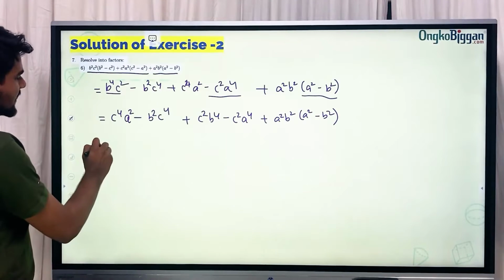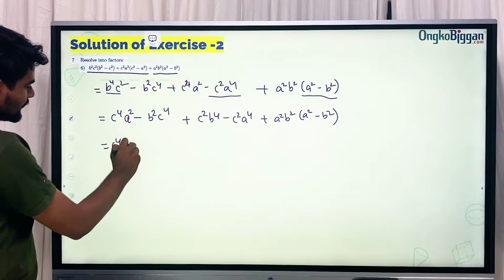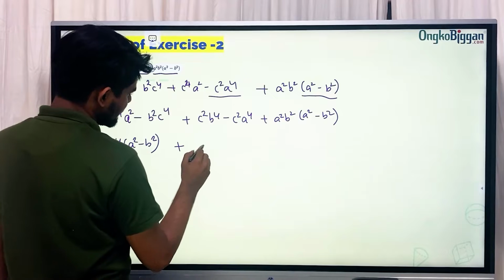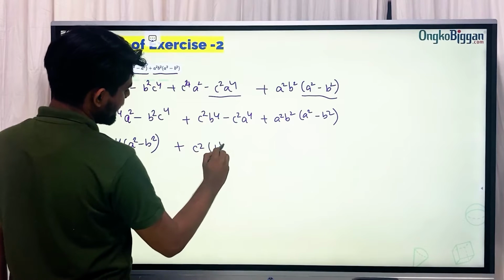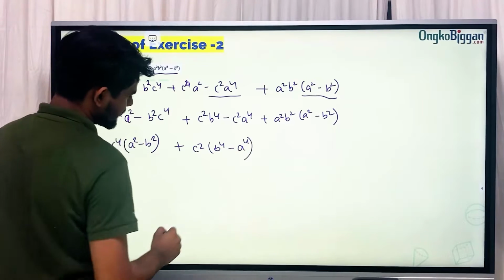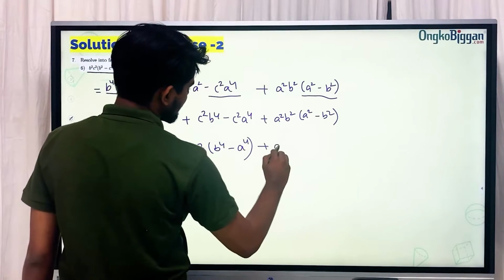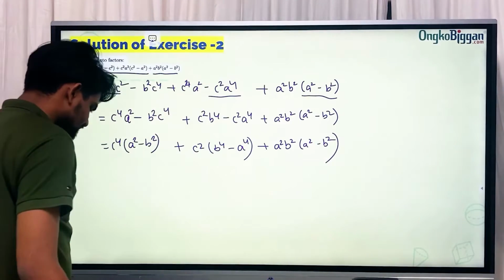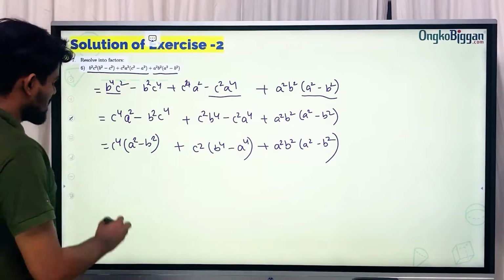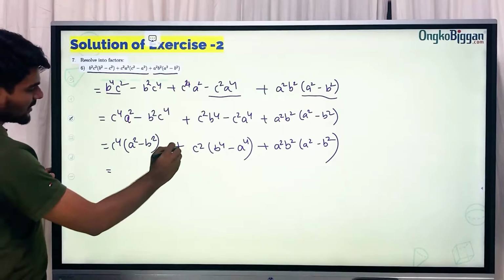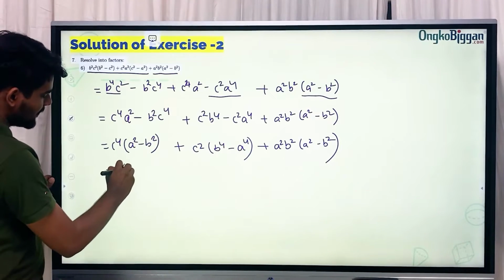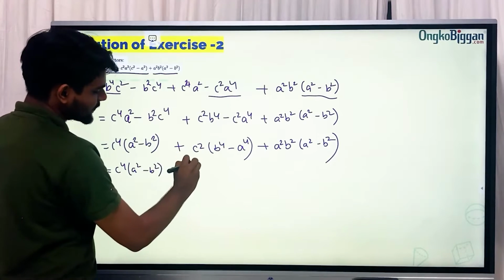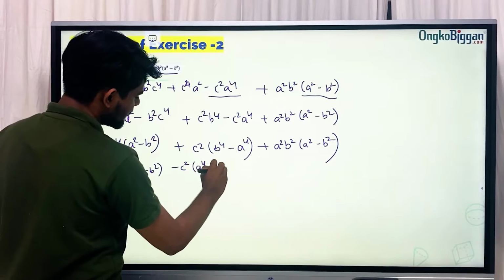Now if I take c4 as common, let us see what happens. A square minus b square. And similarly, can you get this? C square is common, b4 minus a4. Plus a square b square into a square minus b square. So it can be converted into this: c4 into a square minus b square, and this, if I write it this way, c square into a4 minus b4.